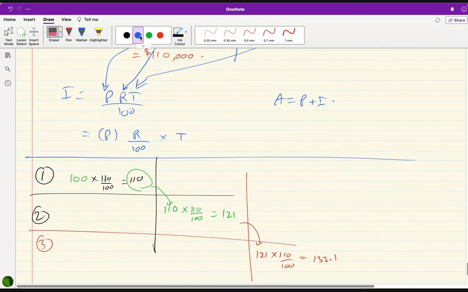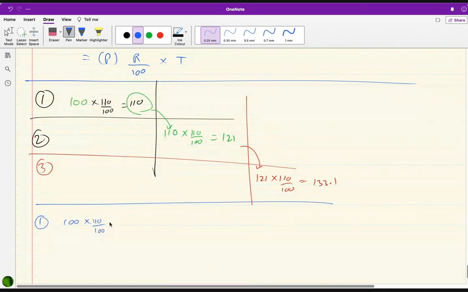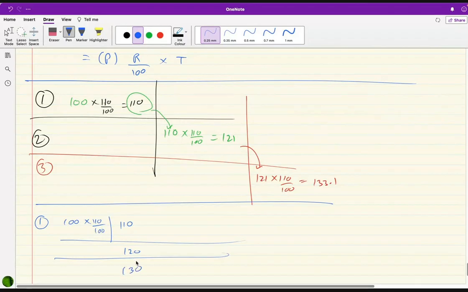In comparison with simple interest, here 1 year would have been 100 into 10 over 100, so 110. Second year into 2, this would be 120. Third year into 3, this would be 130.